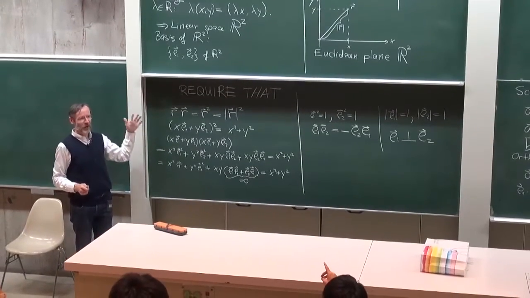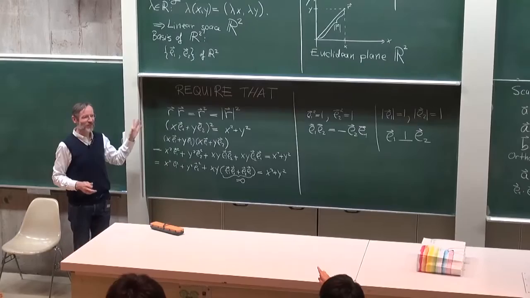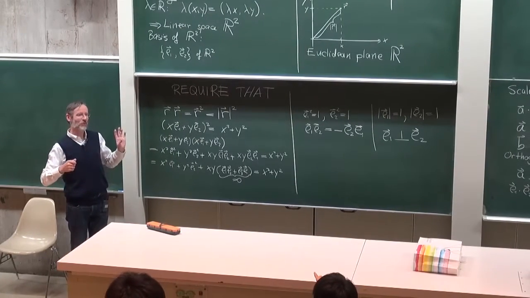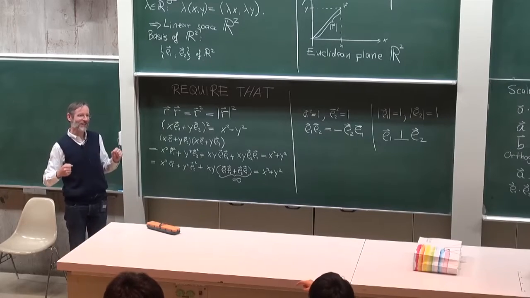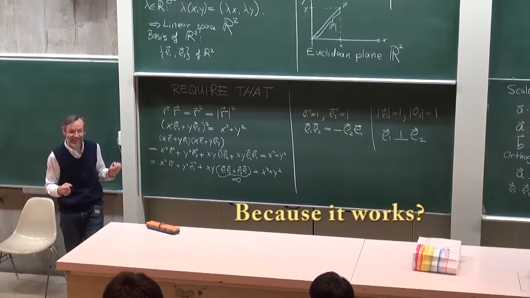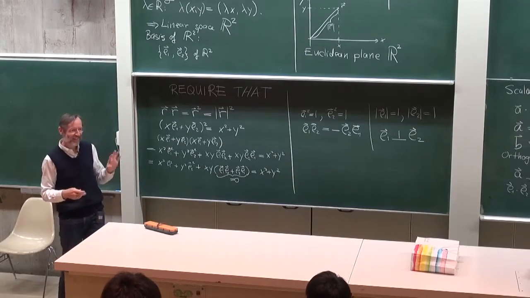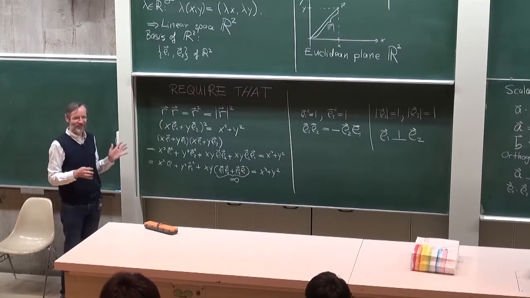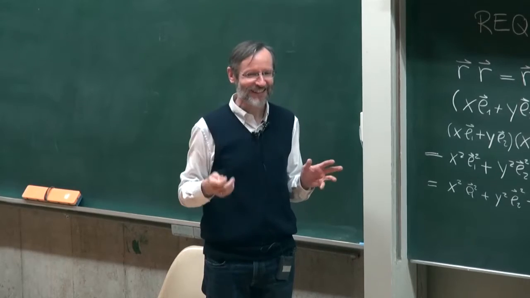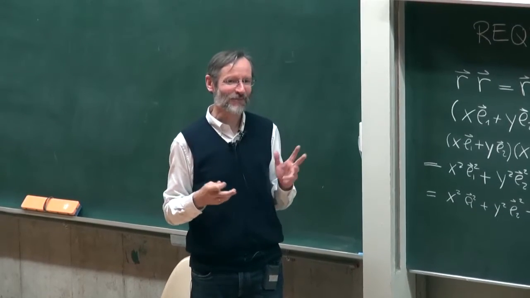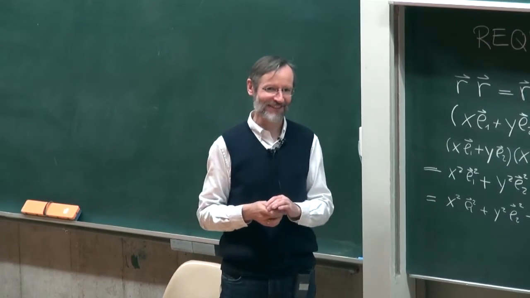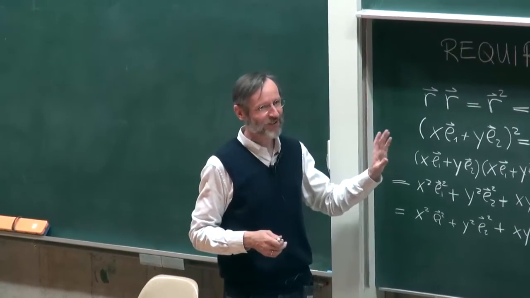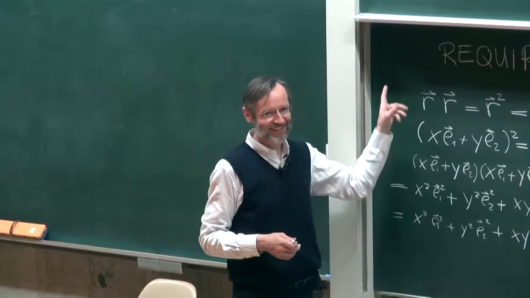And you can ask, why that? And the only answer I can give is because we want it, because we require it. Because it works. In the end, it has nice consequences, but it's a kind of arbitrary idea the mathematicians have come up with. You cannot prove it. It's required.